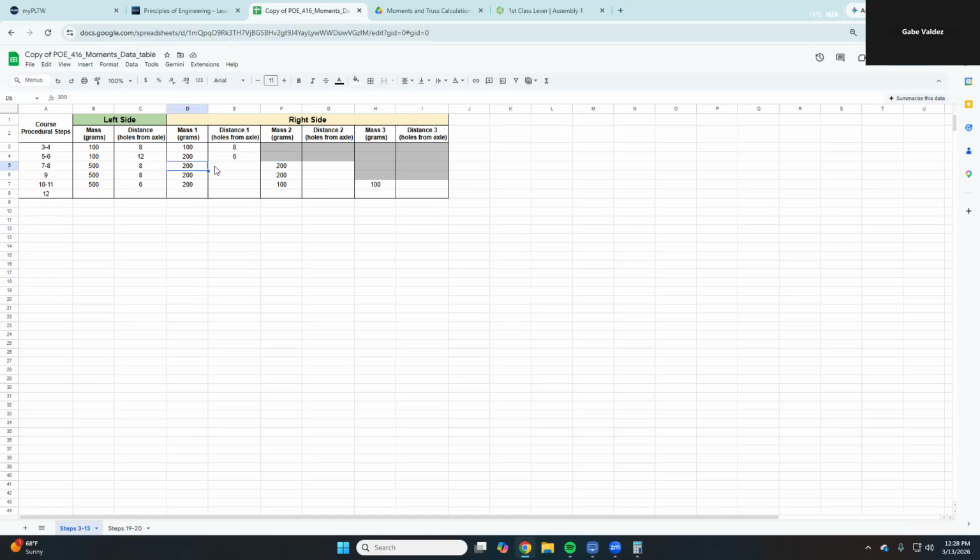So I can put both of these combined at 10 holes away from the fulcrum. So I have 4,000 gram holes on the left side. I have 2,000 gram holes on the right side, plus another 2,000 gram holes on the right side. And so I'd have to combine both of those on the right side at the same hole. So 10 holes away from the fulcrum.